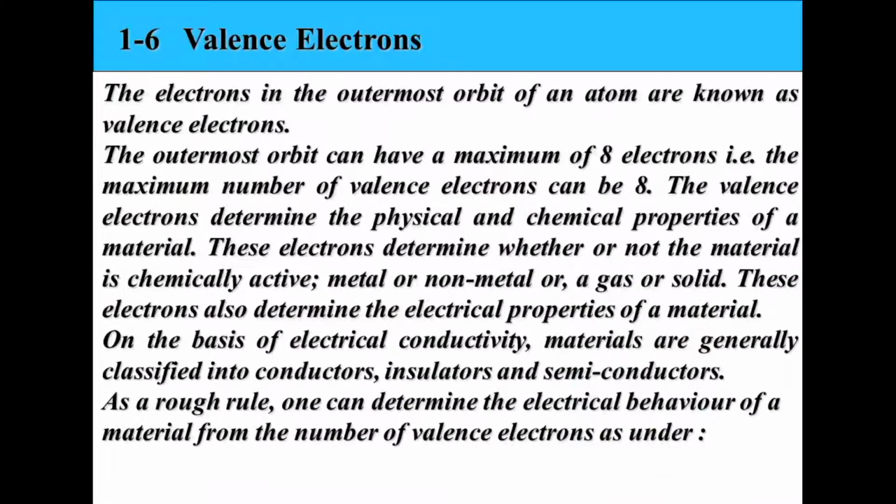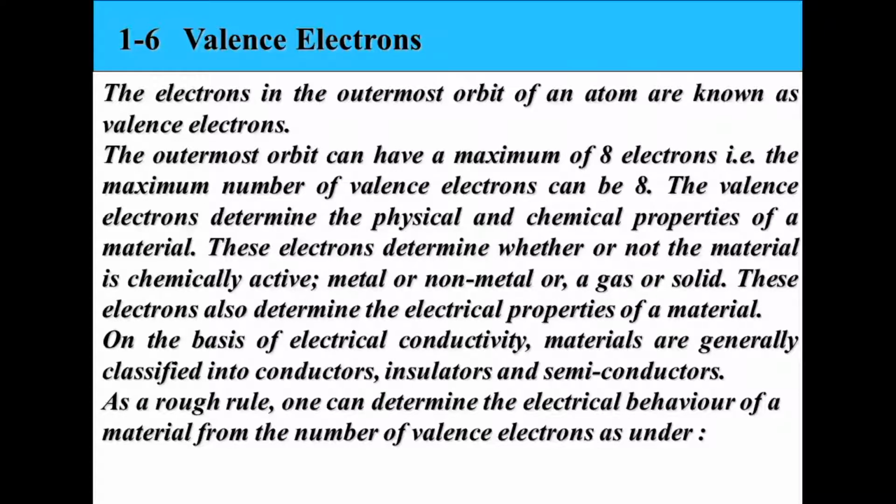Are you with me? Now let's move on to what we call the valence electrons. We said in our previous class, we looked at the structure of an element, and I think we looked at sodium and magnesium. That's correct.